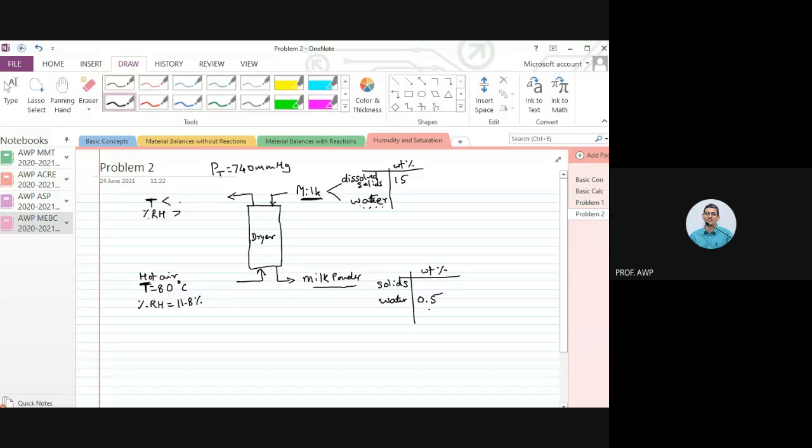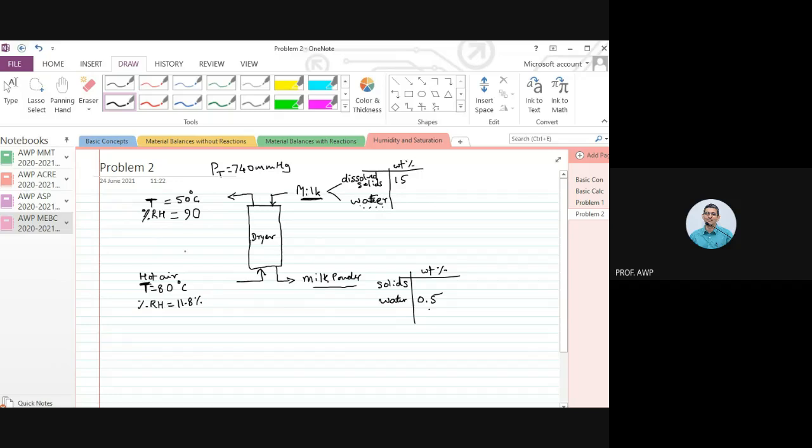I'm just going to tell you some values. Let's say the air cools to 50 degrees centigrade. And what is the maximum possible relative humidity? 100%, right? But it may not go to 100%. Let's say it goes up to 90%.